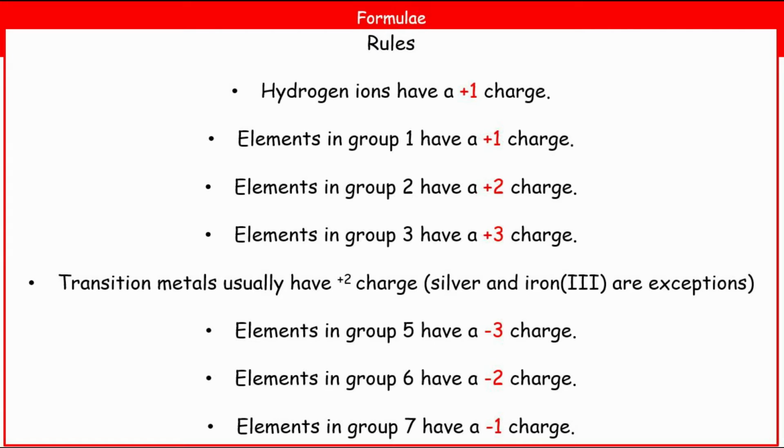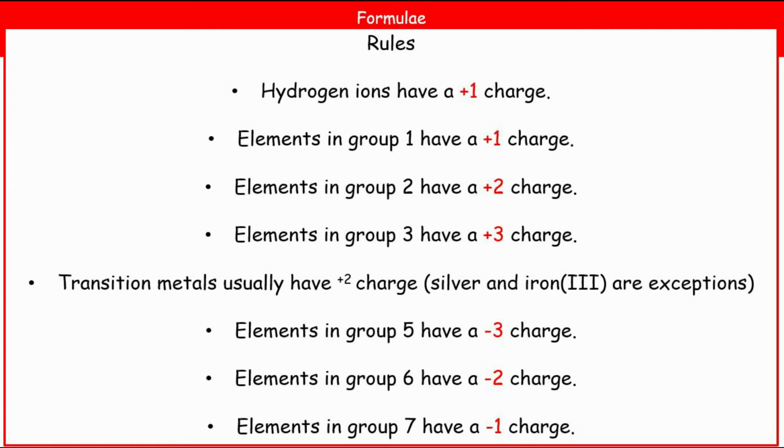Then as we come on to the right hand side of the periodic table, group 5, group 6, group 7, they're all negative charged ions, and all you need to do to work out the charge is 8 minus the group. So 8 minus 5 is 3, so elements in group 5 have a -3 charge.